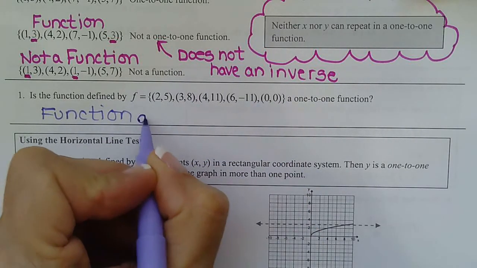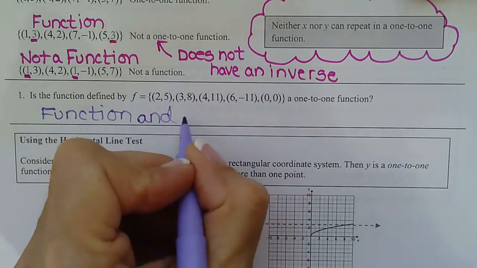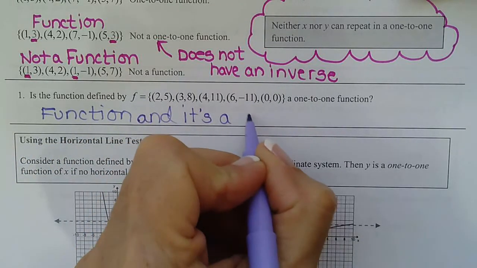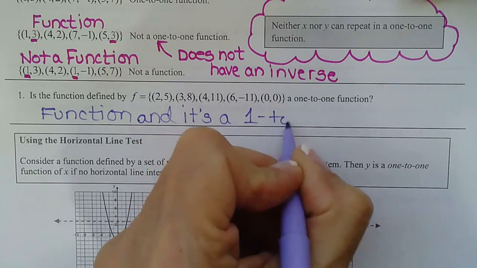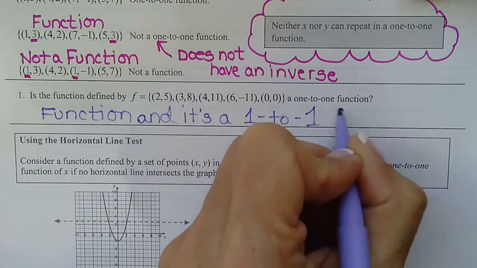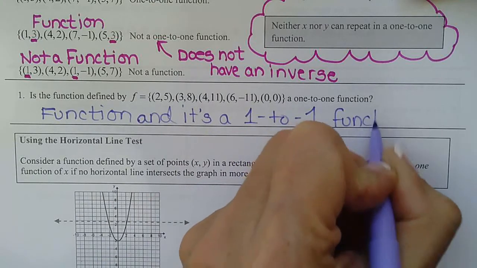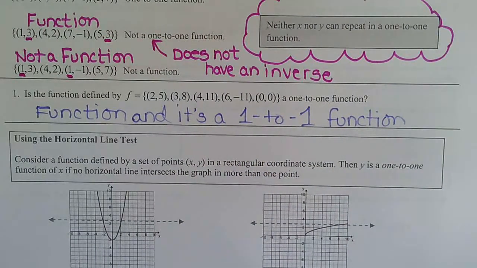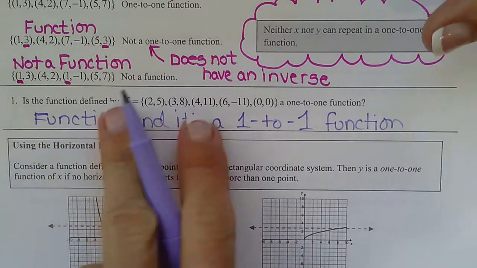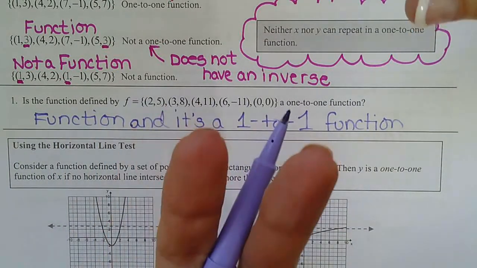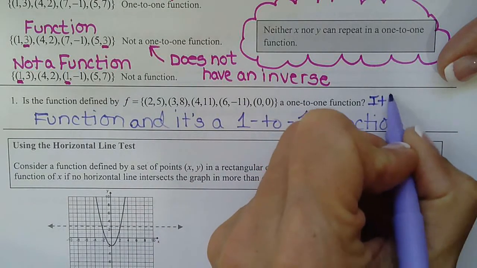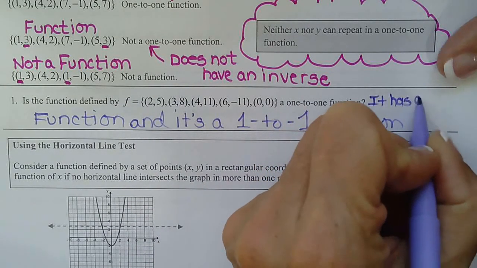And it's a one-to-one function because they're all different. So that means what? That means it has an inverse. So if it's 1 to 1, it has an inverse. That means I can switch all the points around and draw them on the graph. So it has an inverse.